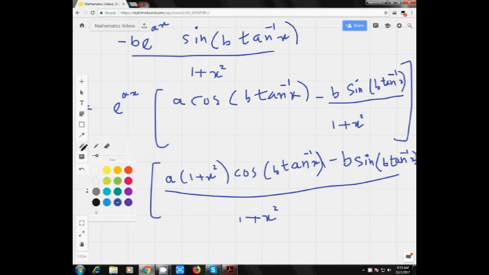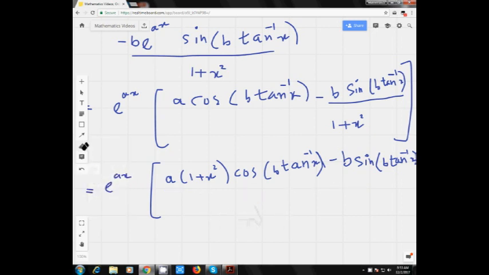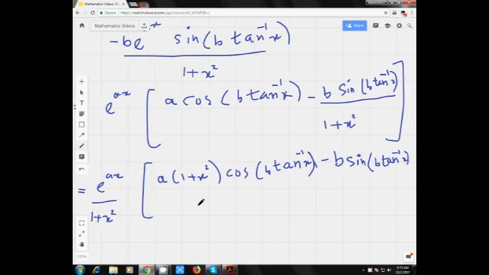So instead of writing all of these quantities again and again, I may just write this 1 divided by 1 plus x square here under e raised to the power x, and this is the answer of your question.